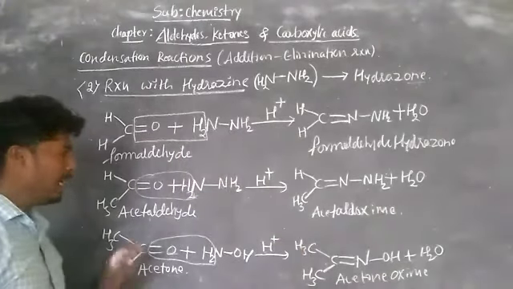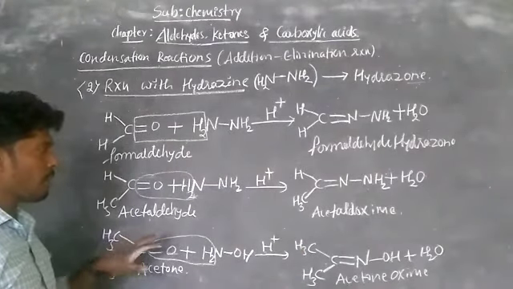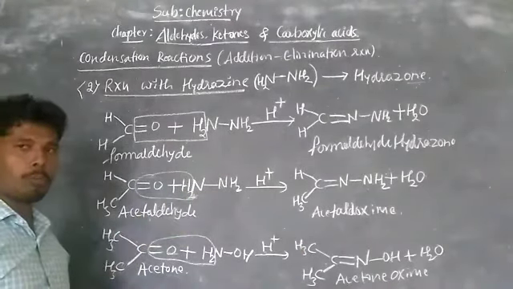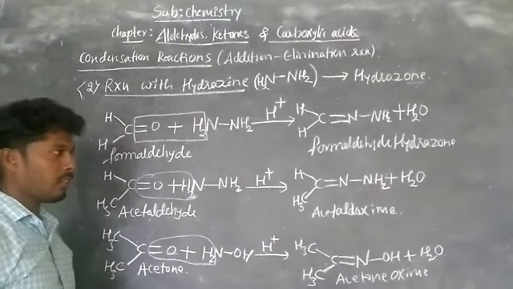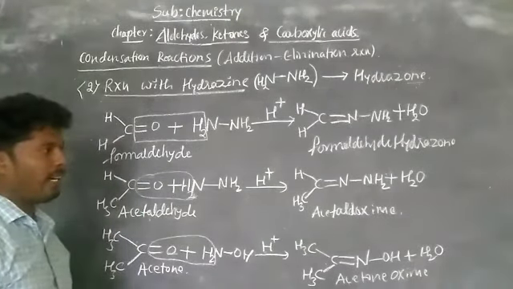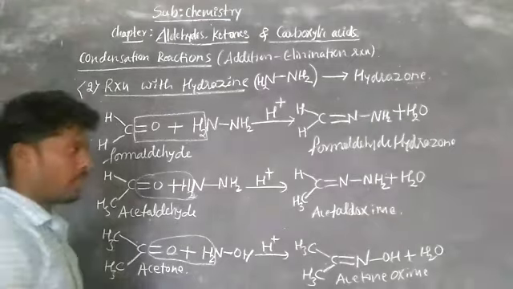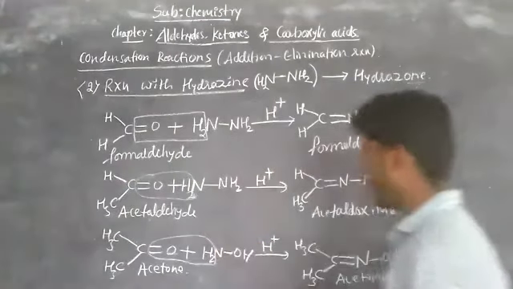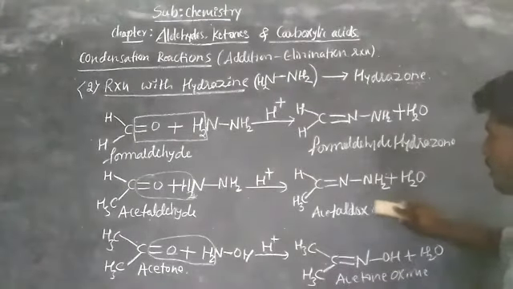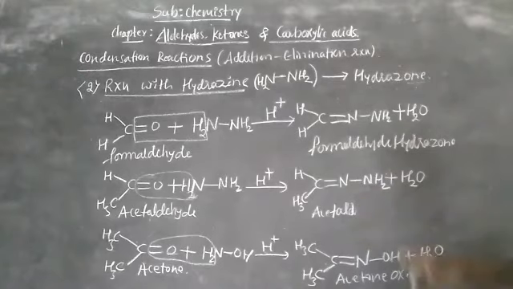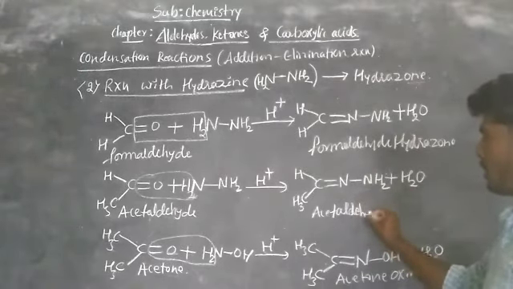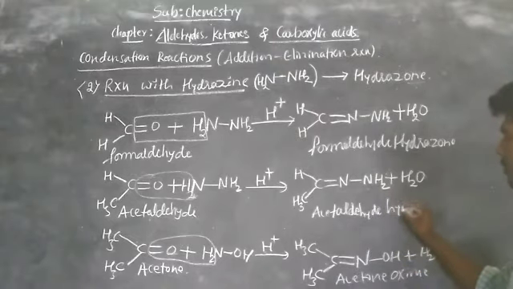Did you get any doubt here? See, observe, there is NH2 group at both ends. Think, can you get different products or not? Okay, analyze here, acetaldehyde. So what is the name? Acetaldehyde hydrazone.